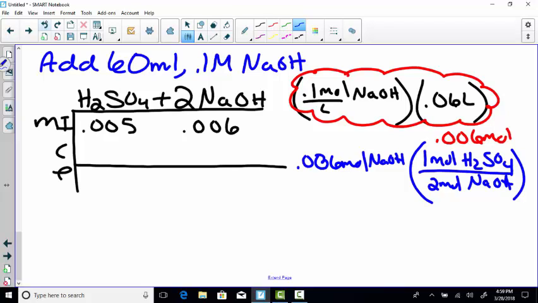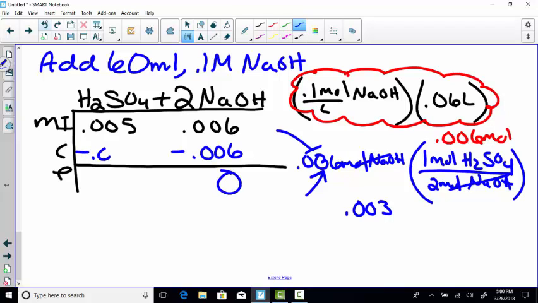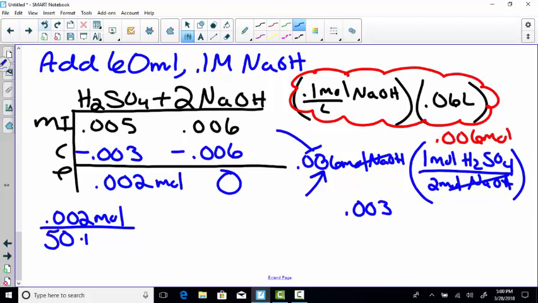Okay, and just doing the math in our heads, we see that that comes out to be 0.003. So, this does all decrease. Again, we used it all up right there. So that's the 0. But this only decreases by 0.003. So that leaves me with 0.002 moles left. And again, now what's that 0.002 moles in? That is in the original 50 milliliters plus the 60 milliliters. So now we're at 110 milliliters.